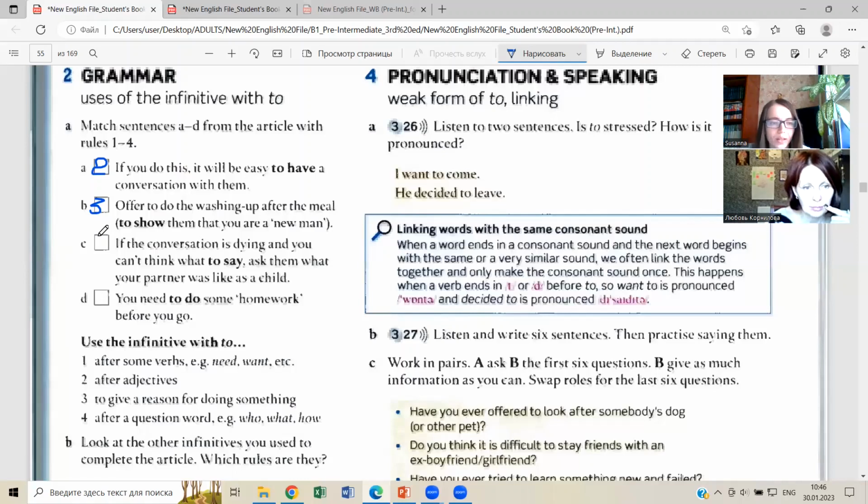Yeah. And the last one. You need to do some homework before you go. Need to do. Number 1 after some verbs need, want. Yes, we see here the verb need. So after that, we need to use the infinitive with to. Yes, you're right. Okay.